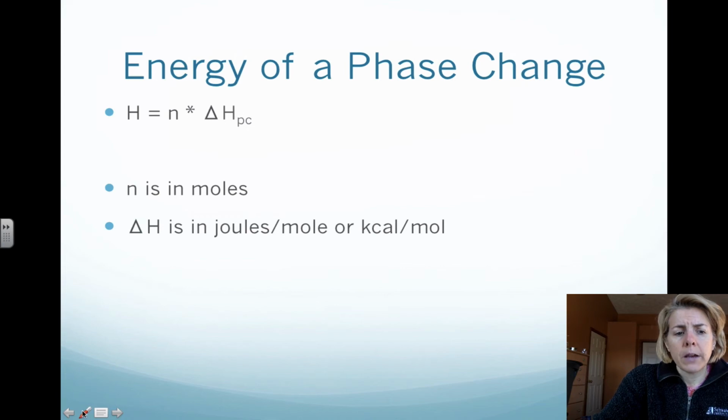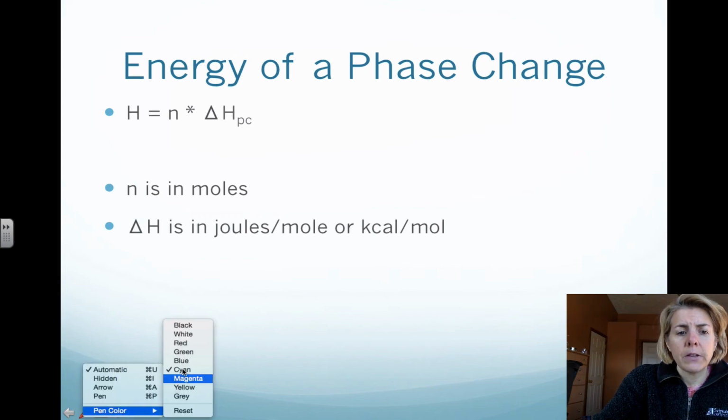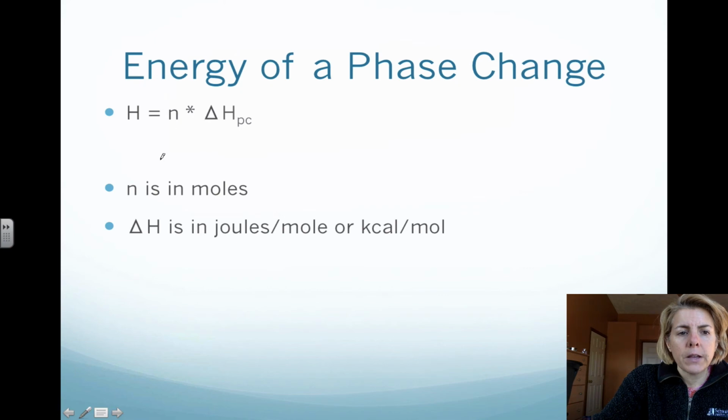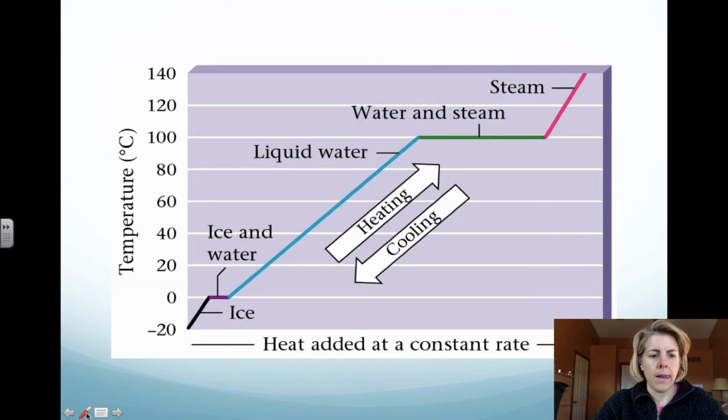The second type of calculation is a phase change. So notice that with the phase change, you have to look at the number of moles, and you also have to look at the difference in energy. So you have to be given either the heat of vaporization or the heat of fusion in order to do this kind of calculation.